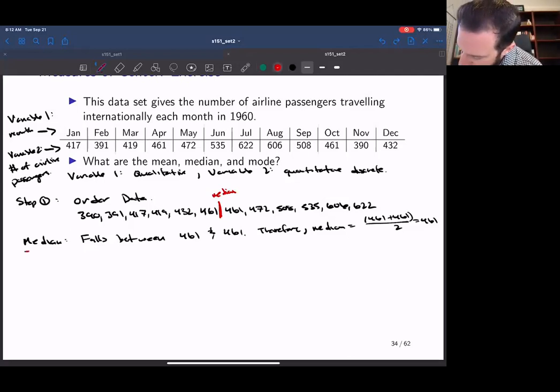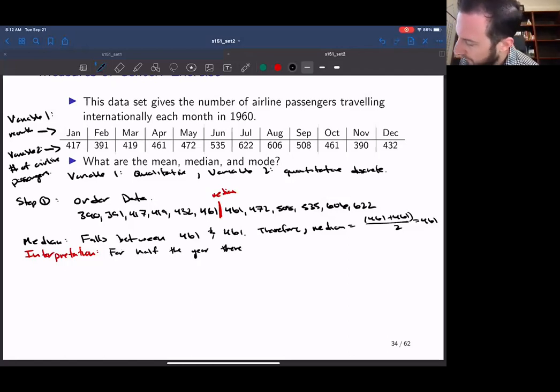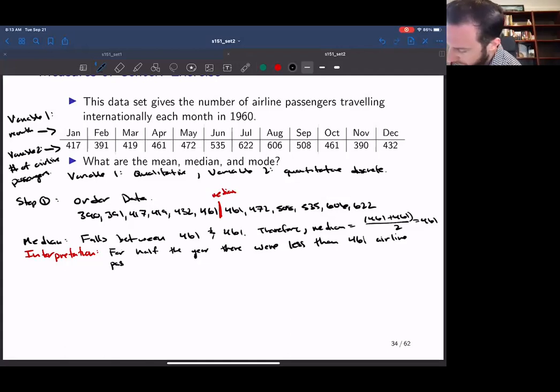So we can write something like, this is the interpretation: 50% of, or we can say, for example, for half the year, there were less than 461 airline passengers each month.